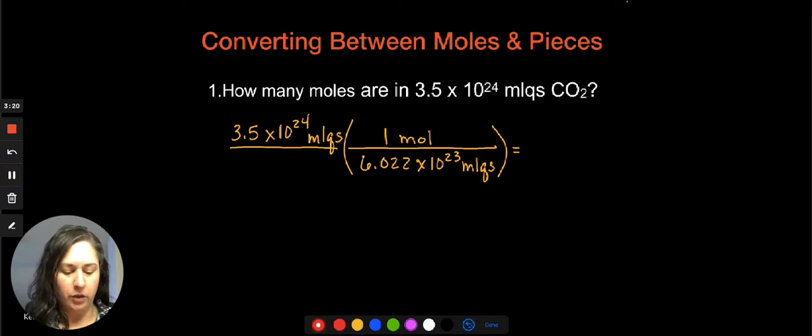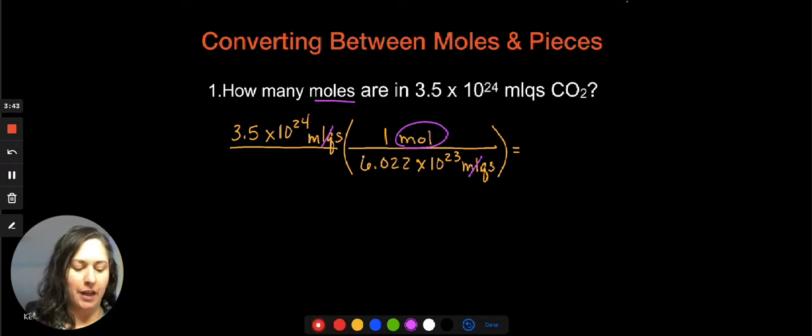If it's on the top and the bottom, it cancels when I'm multiplying. So molecules cancel. I'm left with moles, which is what I wanted to know. That was the question, so I'm in the right direction. Now, to do the math, we multiply across the top, we multiply across the bottom, and we divide the top by the bottom. When I did that, I used my EE button.